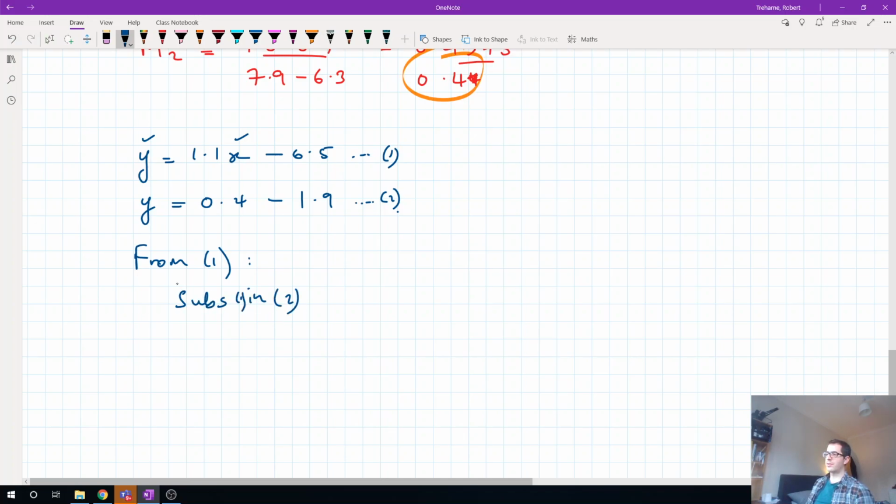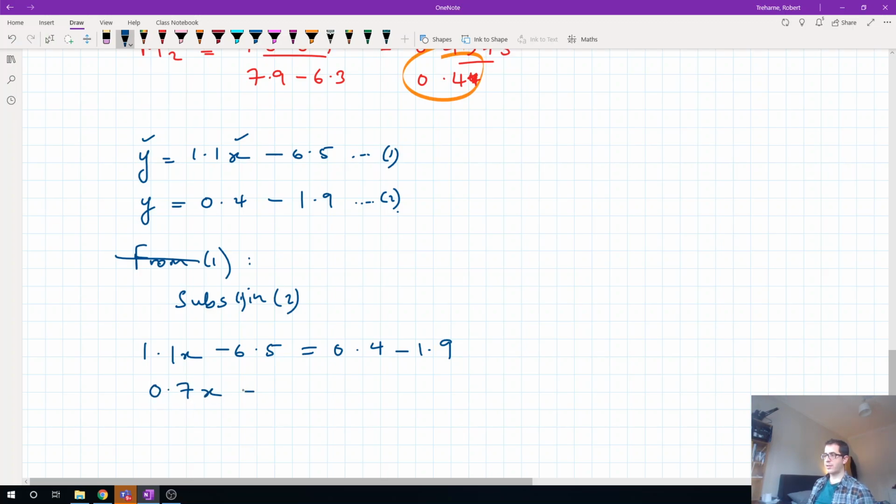So 1.1x minus 6.5 is equal to 0.4x minus 1.9. Okay, let's collect the x terms on the one side. So that's 1.1 minus 0.4, which of course is 0.7x.